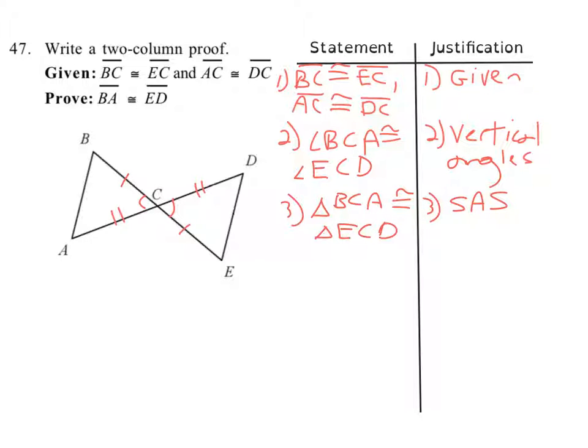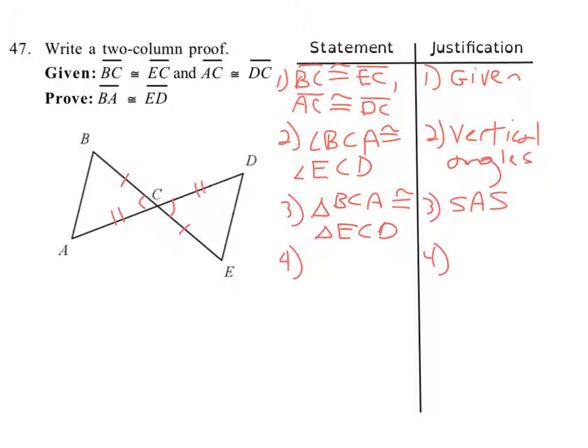And because those triangles are congruent, now we know that all the corresponding parts of each will be congruent to the corresponding parts of the other one. So prove that BA is congruent to ED. Let's look at the names here. We've got BA, first letter to the last letter, is congruent to ED, first letter to the last letter.